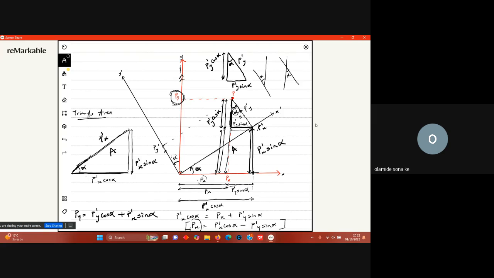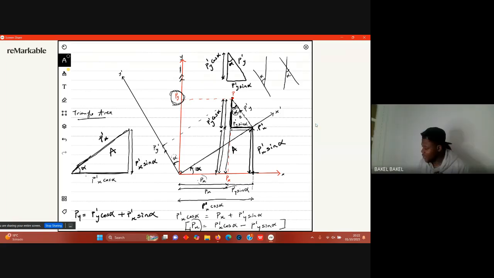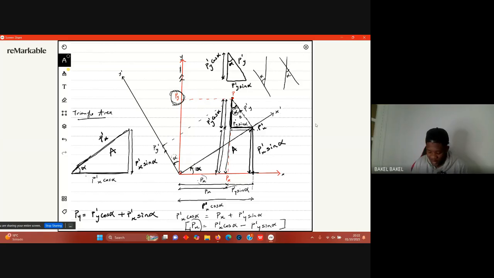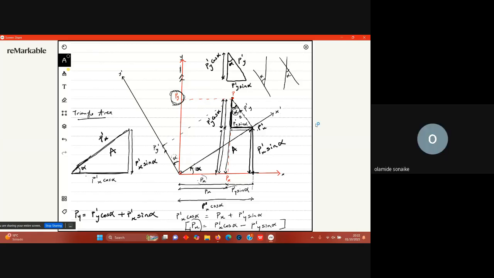The cos part, the Py, is it Py cos alpha? Yeah, I didn't get that part. I understand Py cos alpha, but I was lost around where you got the other side.